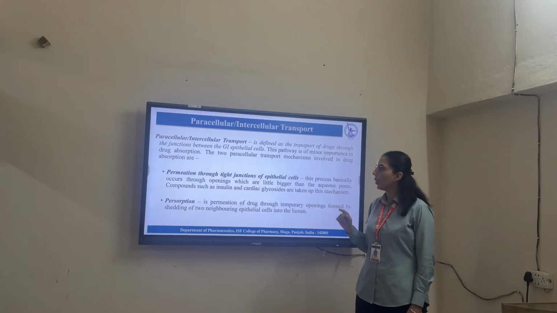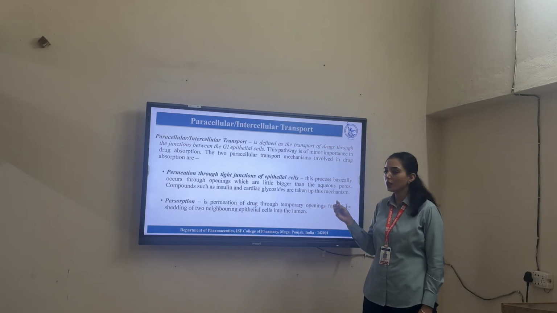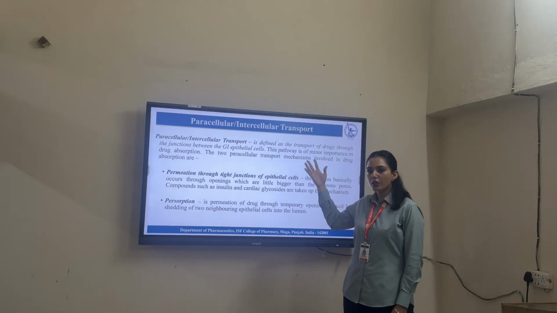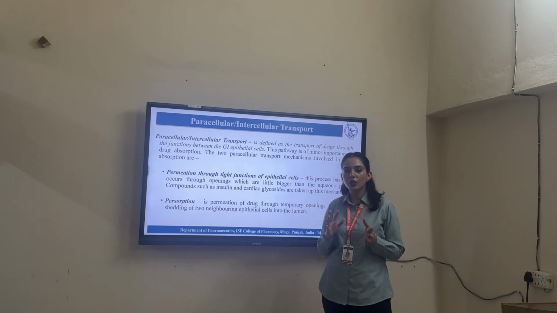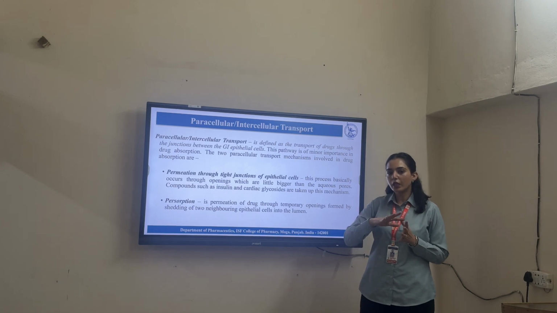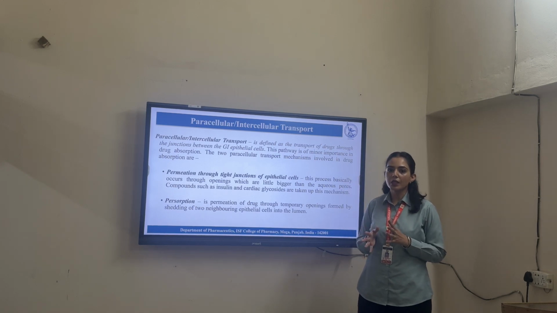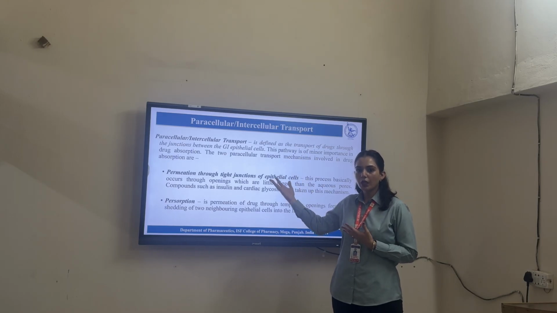So the next main mechanism is paracellular or intercellular transportation. It is defined as the transport of the drug through the tight junctions between the GI epithelial cells. The pathway is of minor importance because 90% of drugs follow passive diffusion. It involves two absorption mechanisms.